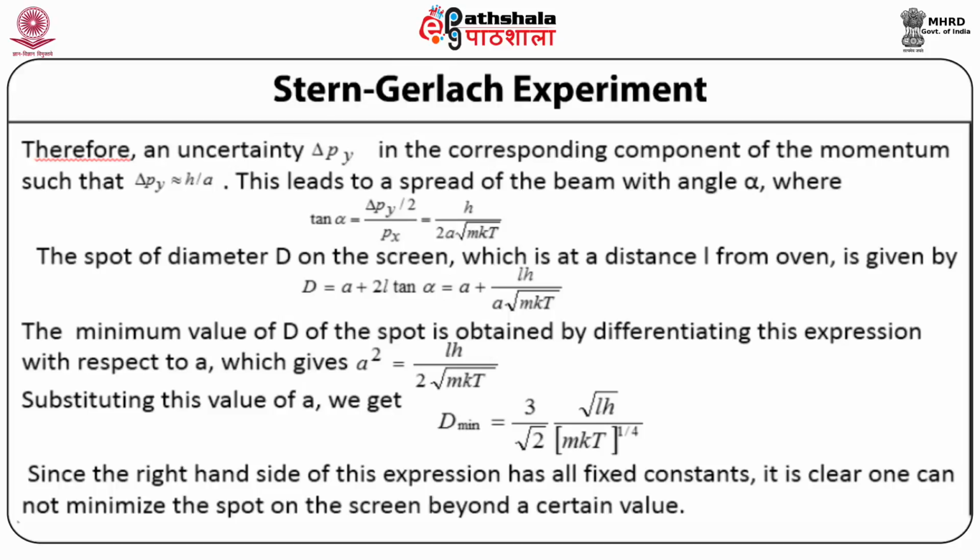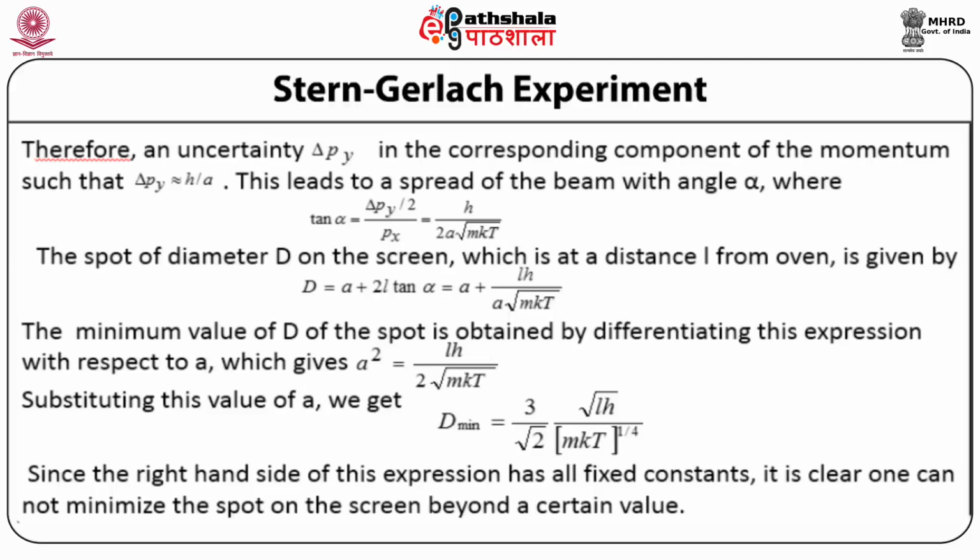The spot of diameter d on the screen, which is at distance L from the oven, is given by d is equal to a plus 2L tan alpha, which is equal to a plus L into h upon a into under root mkT.